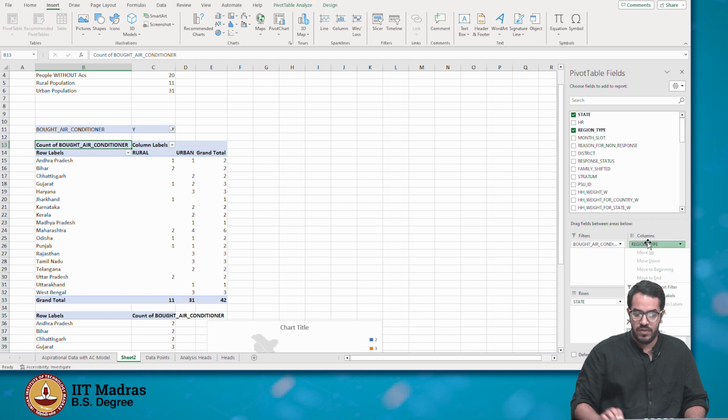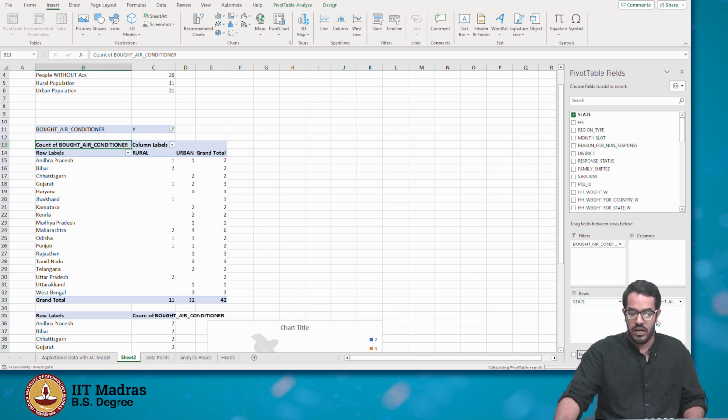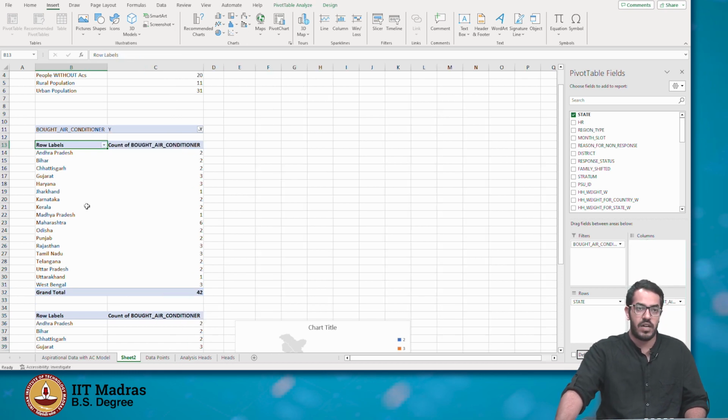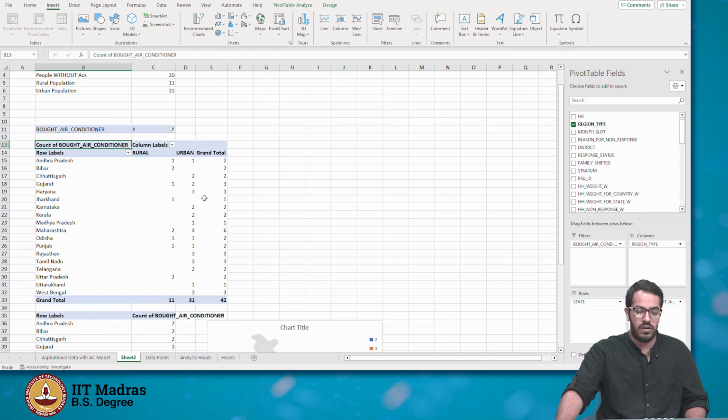Now I can remove this also, same field, I can remove field, and we're back to the regular thing, but I will include that here for the purpose of data analysis. I'll keep this here. And with values, values being the most important factor here, how many people have purchased it, that the count of that I dragged into the values box here.